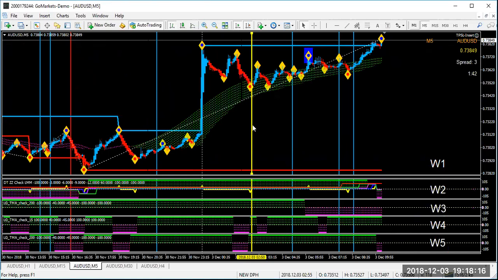If it has a dotted line, you should have exited anyway. If it didn't have a white line, you'll probably find it will retrace a number of pips and you'll feel, wow, great. And the good news is, if the trade's still looking for a current high or low, in this case a current high, you know you're going to get another opportunity to re-enter at a much better price.